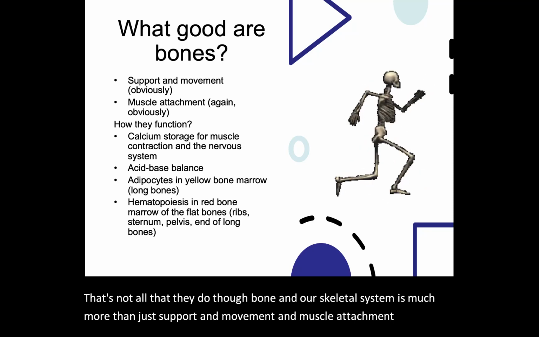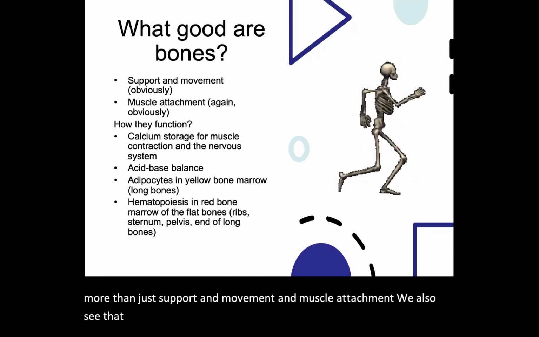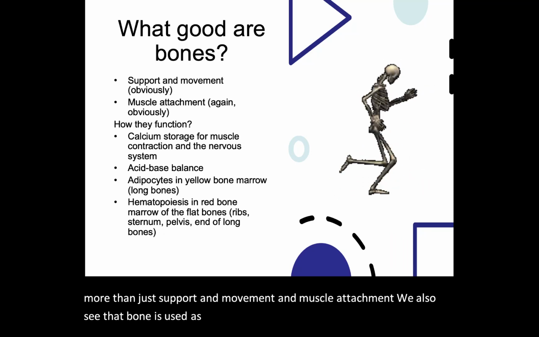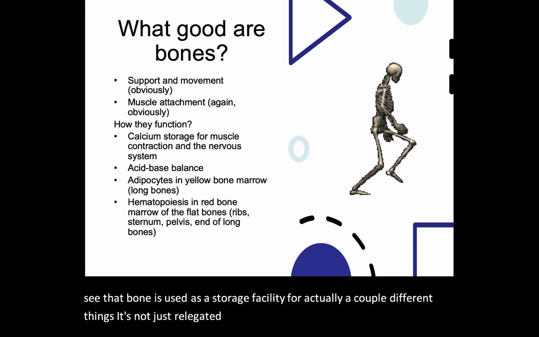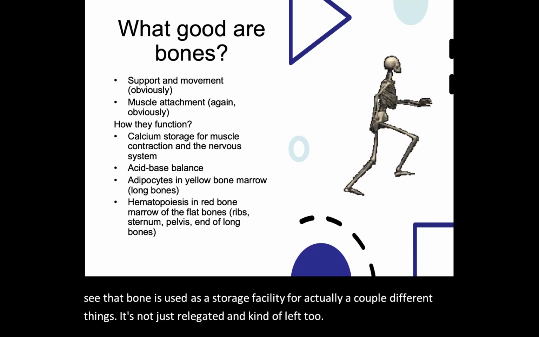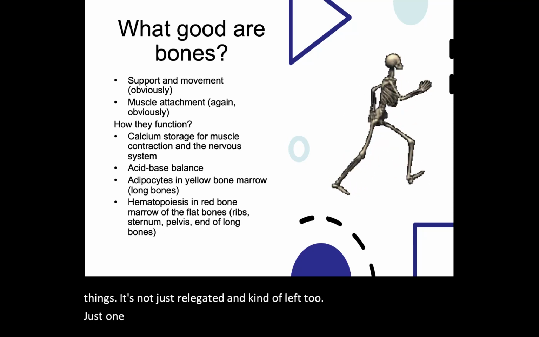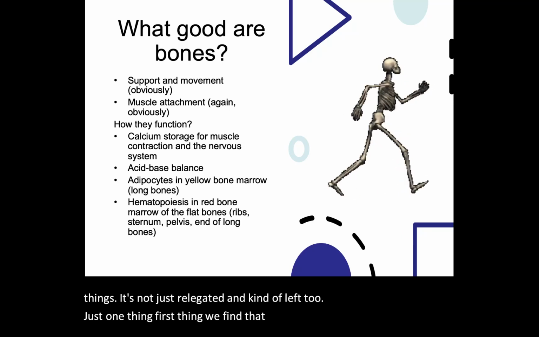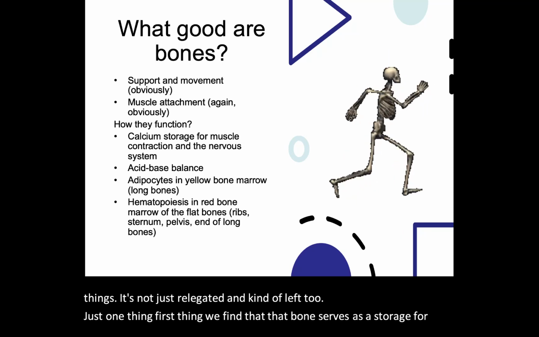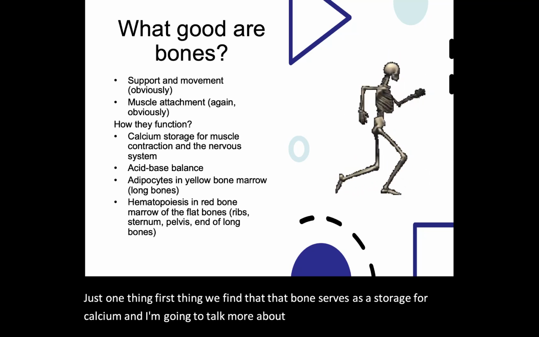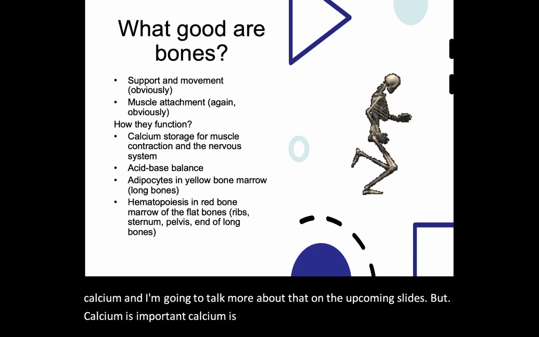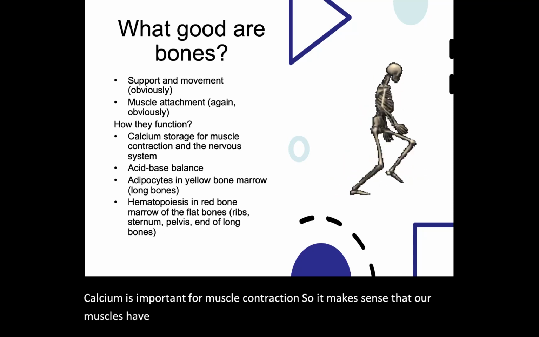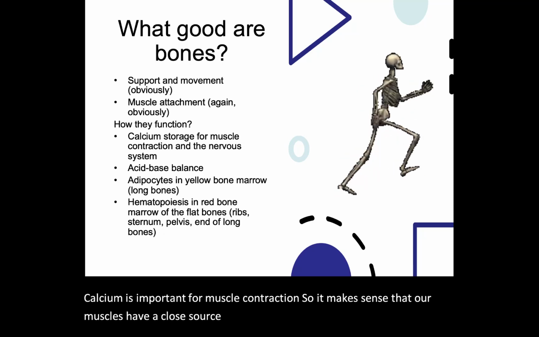We also see that bone is used as a storage facility for a couple different things. First, bone serves as a storage for calcium. We're going to talk more about that on the upcoming slides, but calcium is important for muscle contraction, so it makes sense that our muscles have a close source of calcium to draw upon if needed.